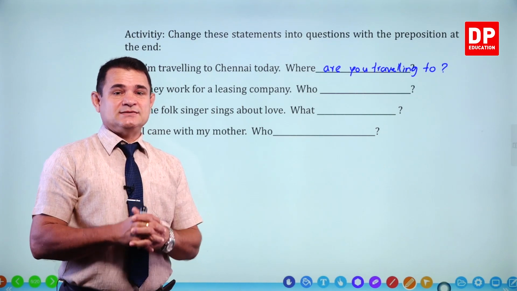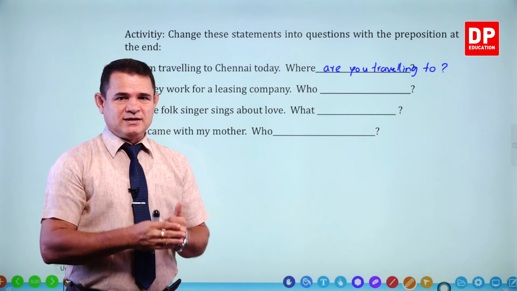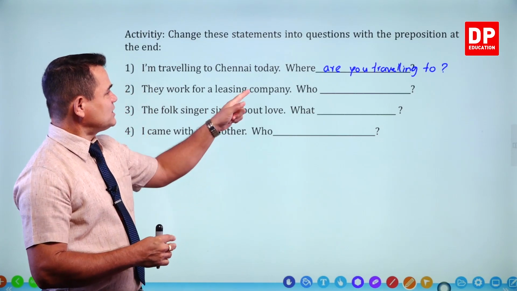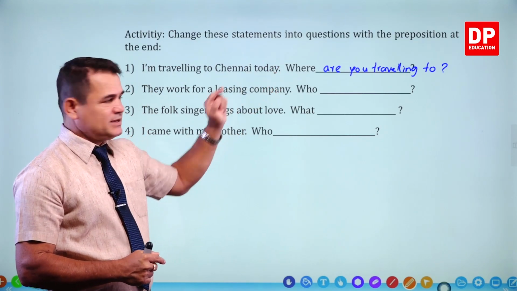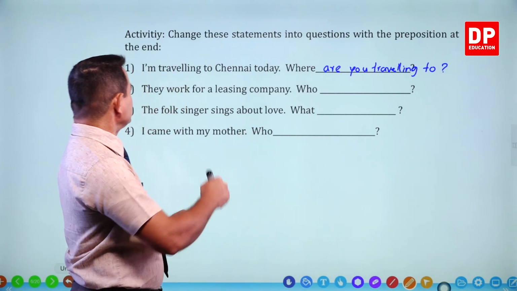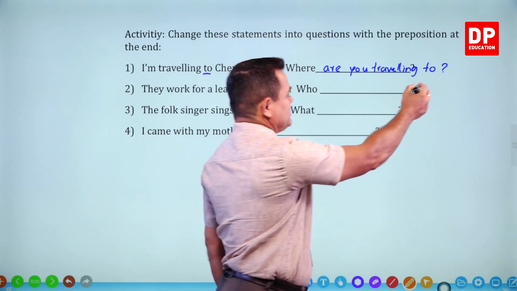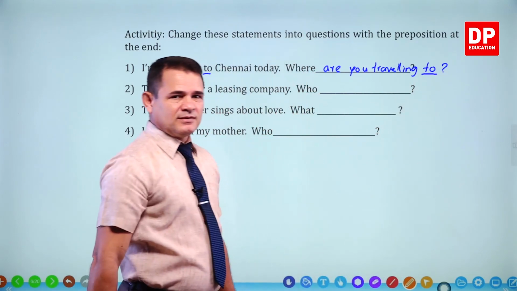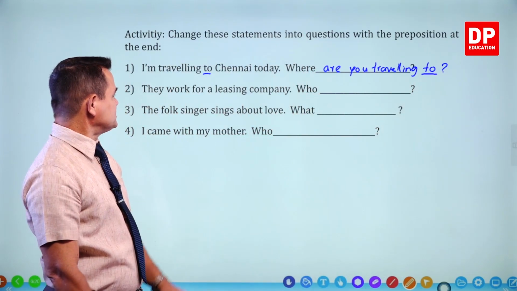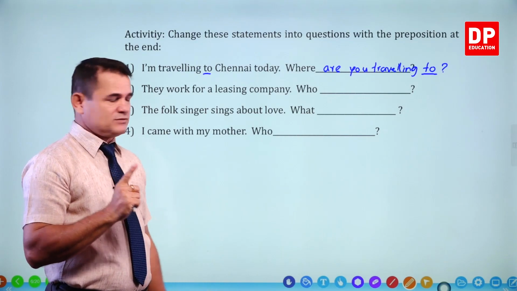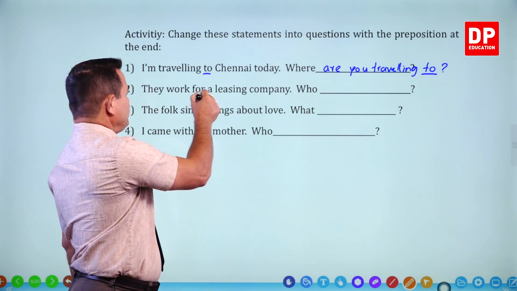Now the second one, they work for a leasing company. Just like the first one, where we took the preposition traveling to and put it at the end, here first you have to identify the preposition. What is the preposition? For.